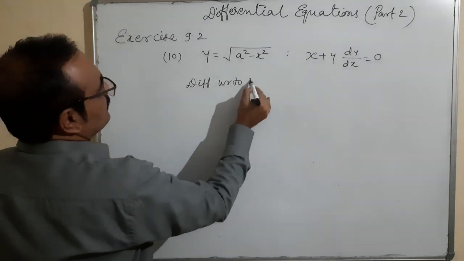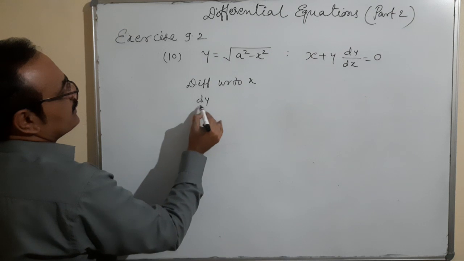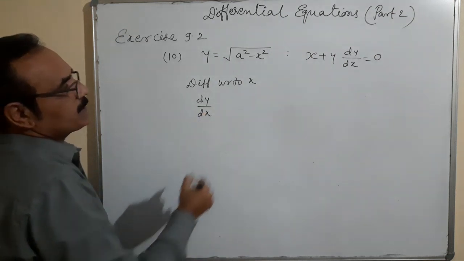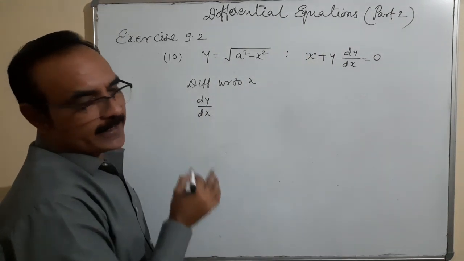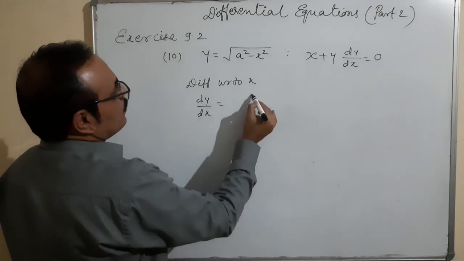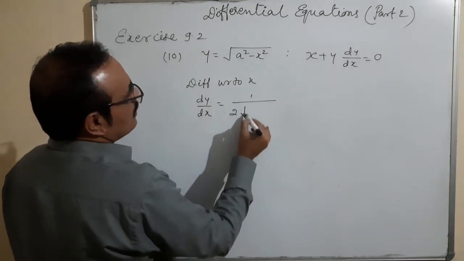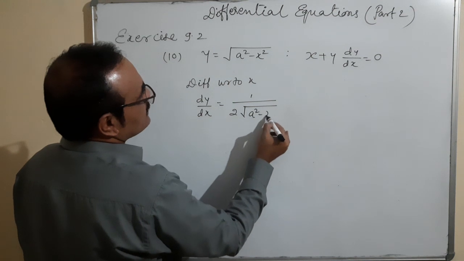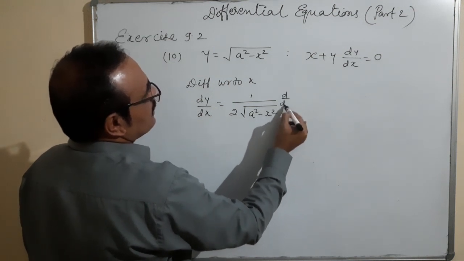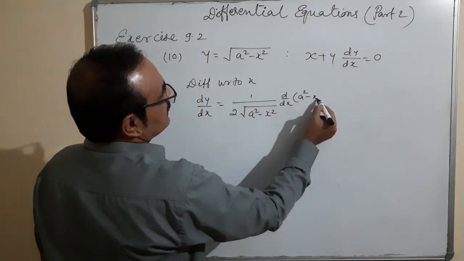Differentiate with respect to x. The differentiation of y is dy by dx, otherwise y dash, same thing. That is 1 upon 2 under root a square minus x square, and again differentiation of a square minus x square, chain rule.